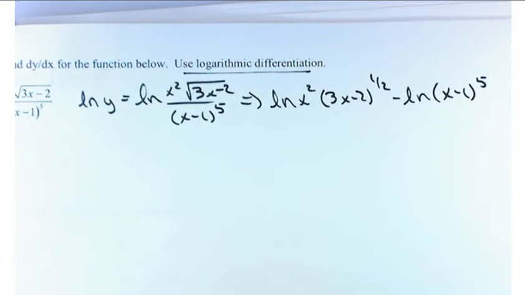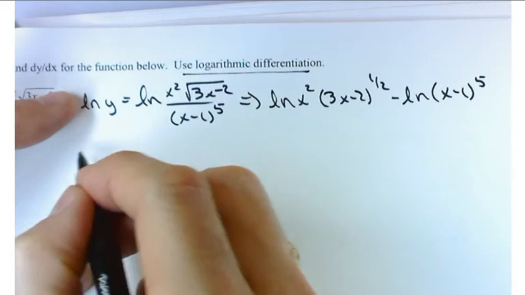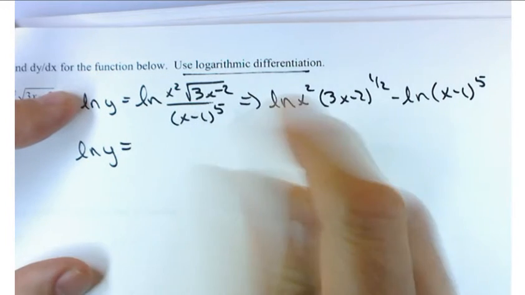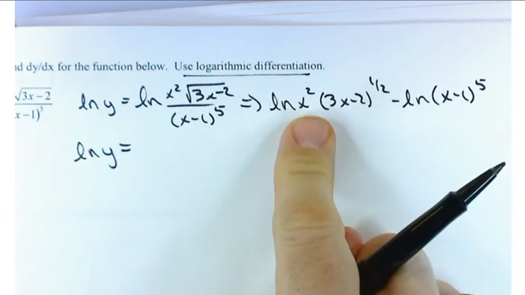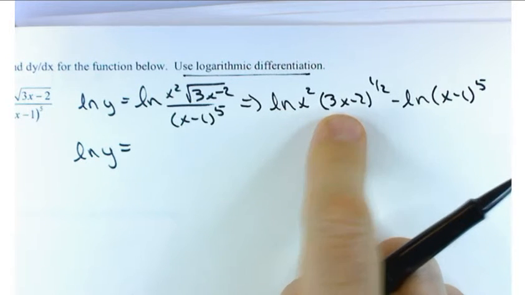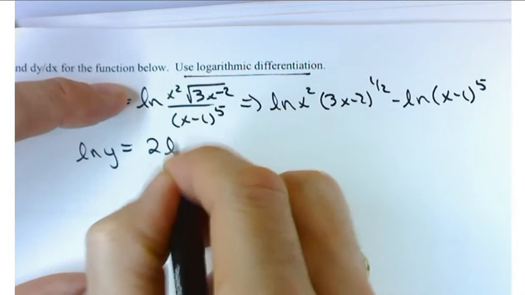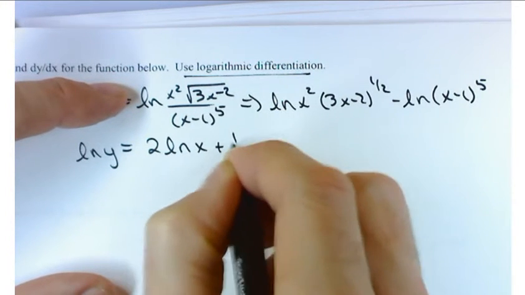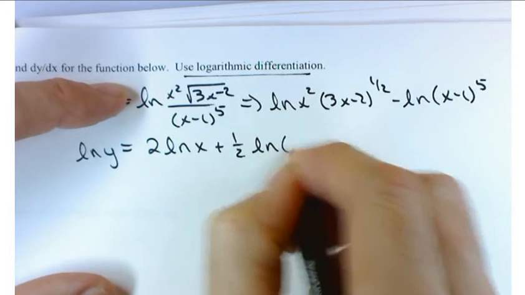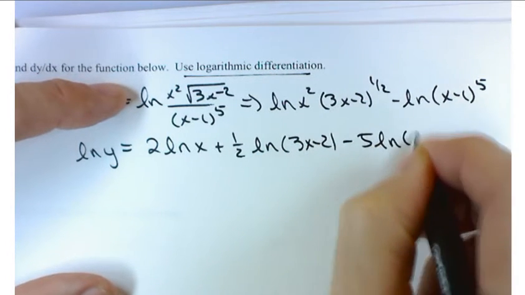And now I'm going to use some of my rules for logarithms yet again. Let's speed this up a little bit. I'm going to break this up into the log of x squared plus the log of 3x minus 2 to the 1/2, and those exponents are going to come out in front. So it's 2 ln of x plus 1/2 ln of 3x minus 2 minus 5 ln of x minus 1.